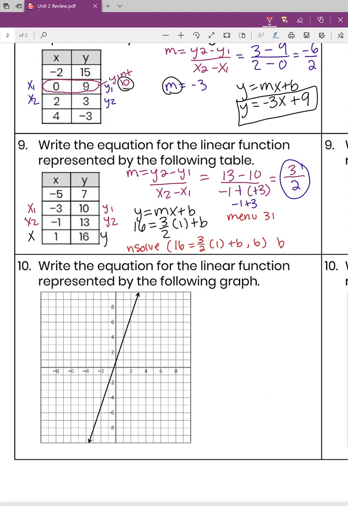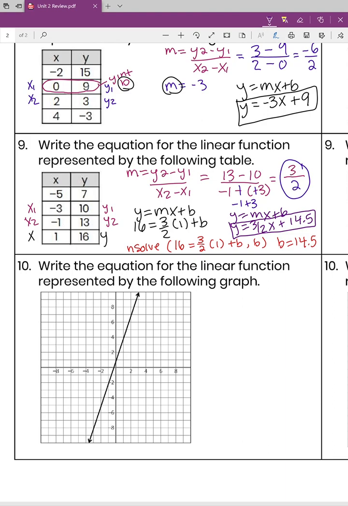So you'd get b equals 14.5. So that means our equation, our answer, is going to be y equals, I'm running out of room here. I'm going to go ahead and erase this part. So it should be y equals mx plus b. We know that our m is 3 over 2, and we know that b is 14.5. So that's our answer. Y equals 3 over 2x plus 14.5.